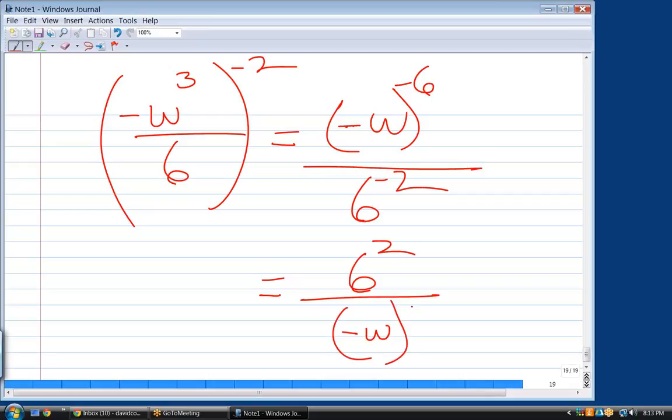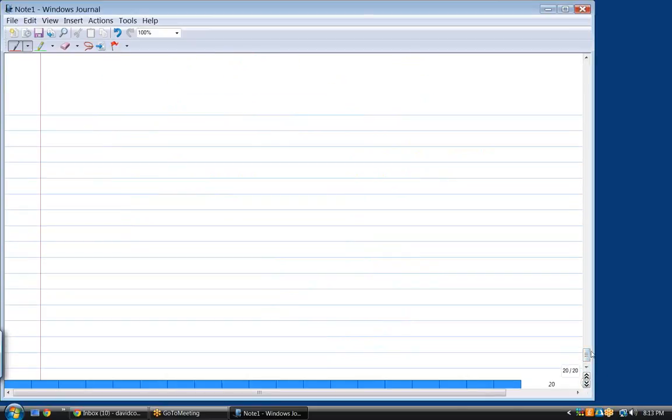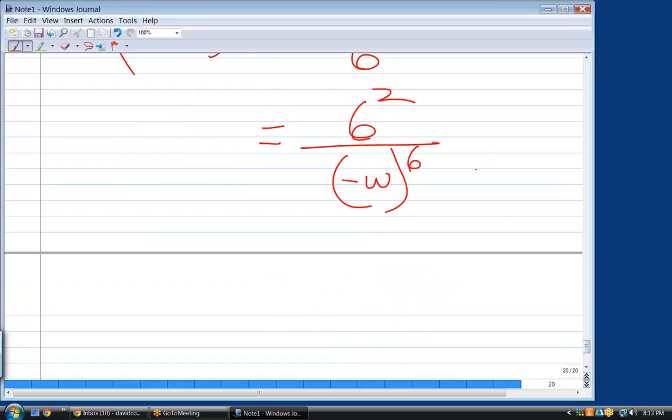Now, I can still simplify this. What's 6 squared? 36. What's negative w to the 6th power? That would be w to the power of 6.